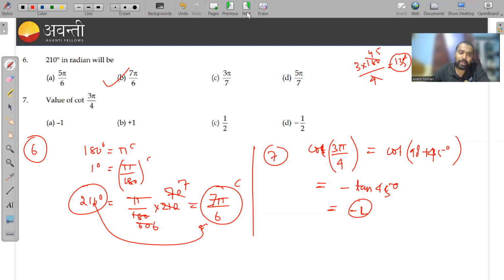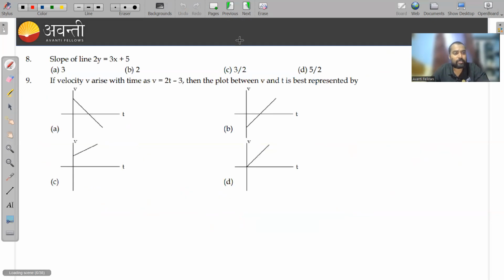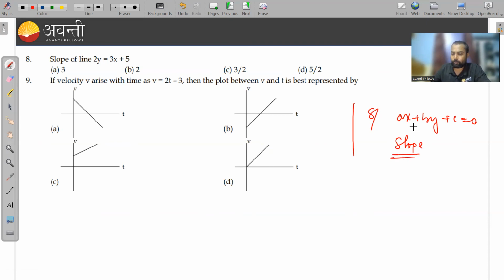Okay, so let's see. The next question is slope. You need to find the slope of a line. Always remember, all of you know these concepts. The general equation of a line is ax plus by plus c is equal to 0, right? When the line is given in this format, the slope is minus a upon b.